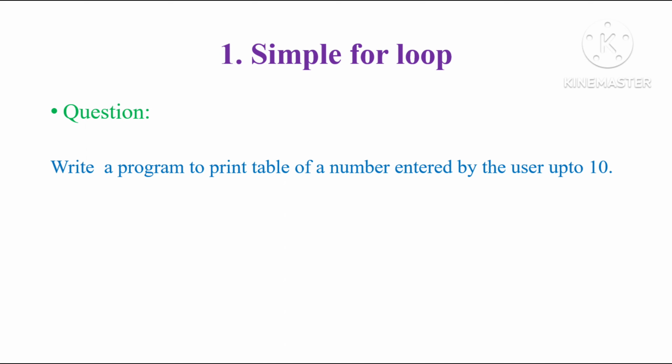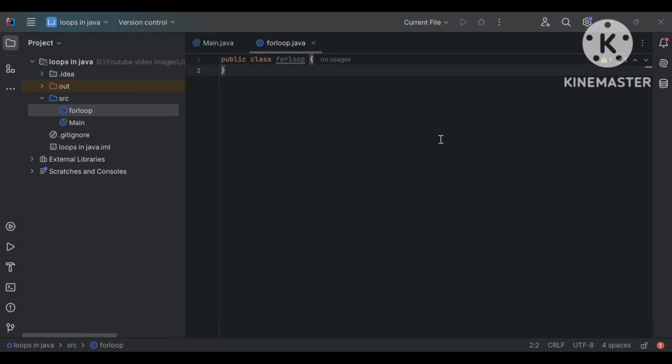Now let's solve a question on for loop. The question is, write a program to print the table of a number entered by a user up to 10. So let's solve the question. First, import java.util package to get input from user. So import java.util.*.